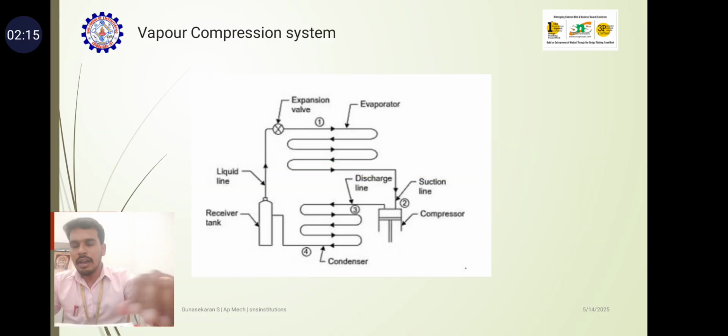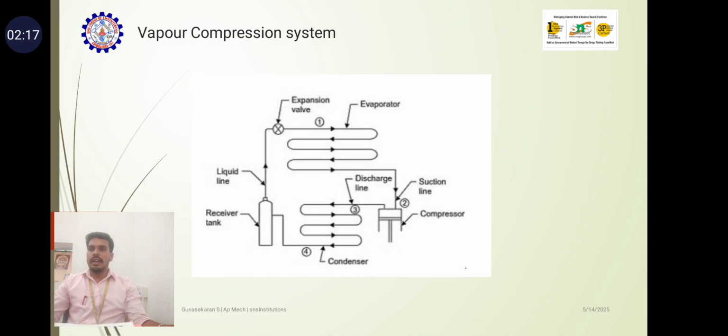Second, condenser. It is the second stage. Here the high pressure, high temperature gas from the compressor enters the condenser. In this stage, heat is transferred to the surrounding environment, usually air or water, causing it to condense into a high pressure liquid.